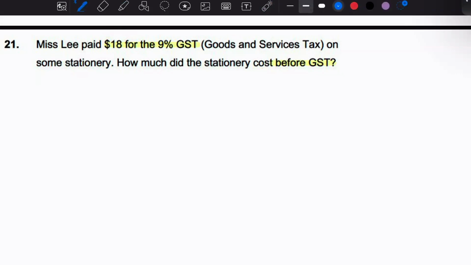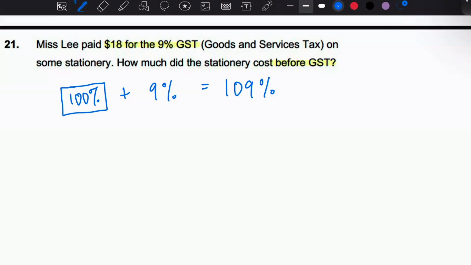When it comes to GST, if this is the original price of the items, which is always 100%, the GST adds on another 9%. So the total cost of the items after GST becomes 109%. Please keep that in mind.